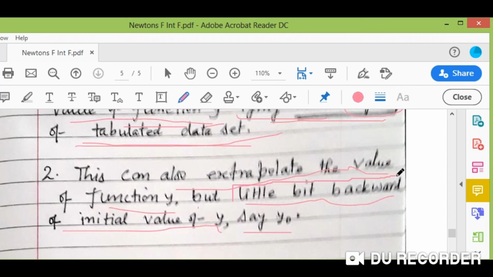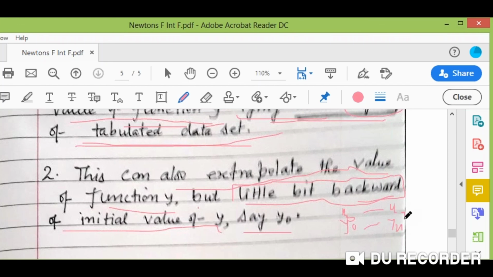This is a constraint. Suppose you begin from y0, the tabulated value corresponding to x0, and so forth, up to here is yn and here is xn.